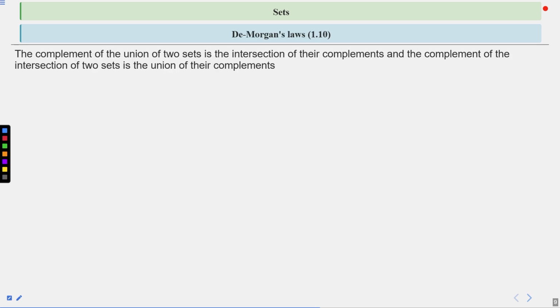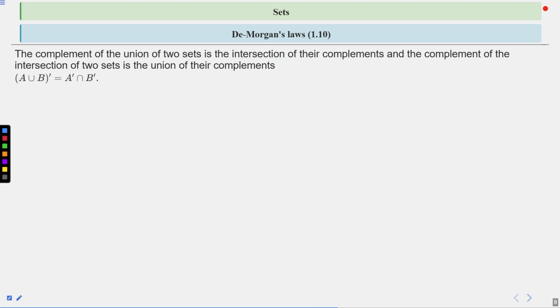This previous example exhibits an interesting thing. What thing? Focusing on this: the complement of the union of two sets is the intersection of their complements, and the complement of the intersection of two sets is the union of their complements.